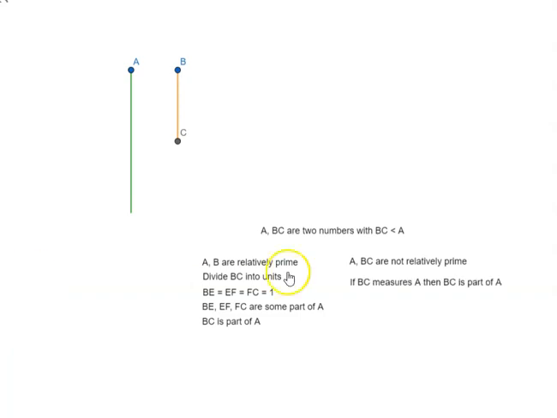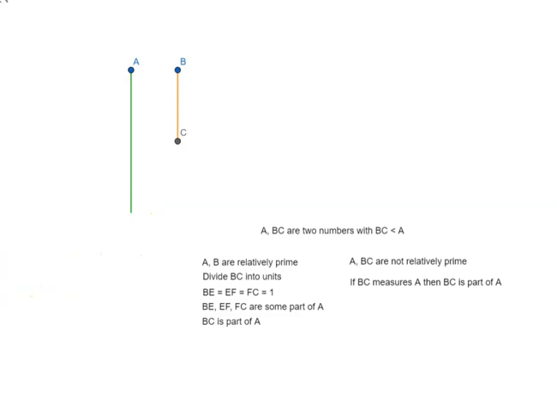One is if BC measures A, then BC is part of A. Remember, this was 3, this was 7, we reduced it to 6. So that means BC measures A. So if it measures A, that means BC is part of A.